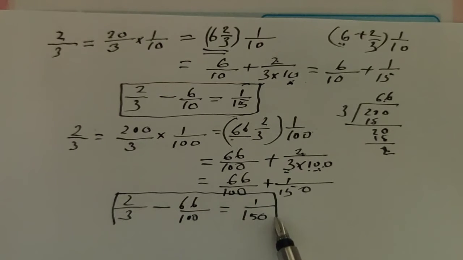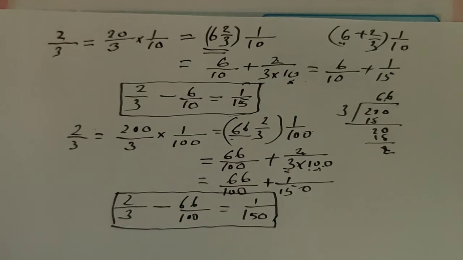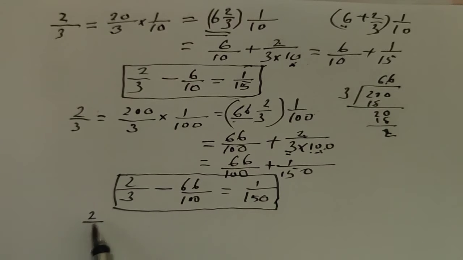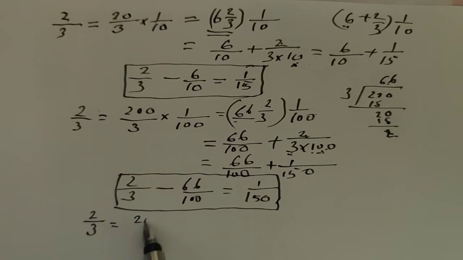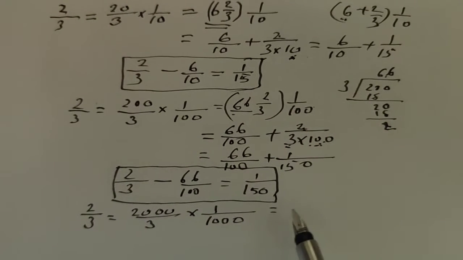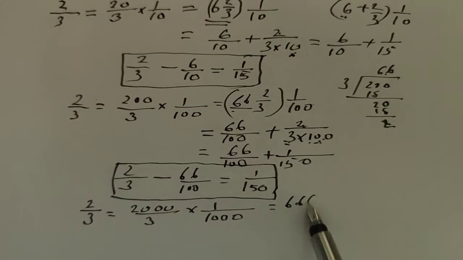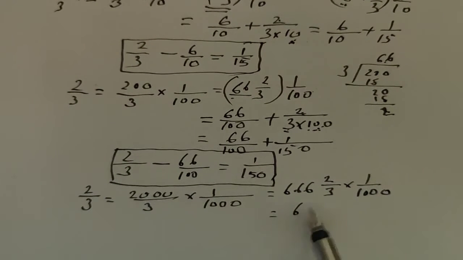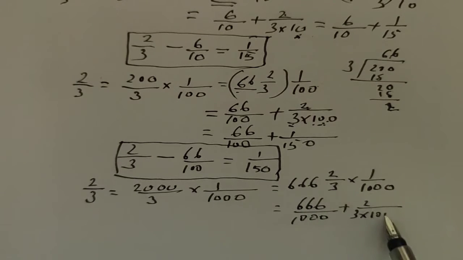And this can be taken as the next form. And following like this, in the next step you get 2 by 3 again. That is made as 2000 by 3 into 1 by 1000. And this will be equal to 666 2 by 3 into 1 by 1000. And that will be equal to 666 by 1000 plus 2 by 3 into 1000.